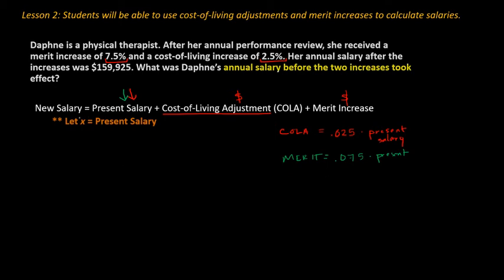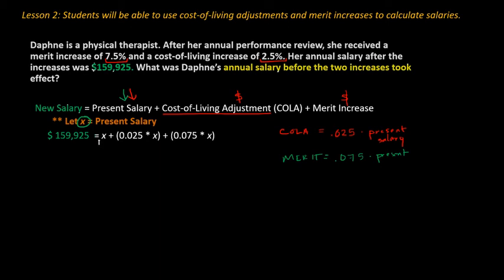Now here, of course, we don't know what present salary is. So my suggestion for solving these is to let x equal present salary and then write out your equation in terms of x. Here's what I mean. New salary: they told us the new salary is $159,925, so you can plug that in. Next, plug in x for present salary.